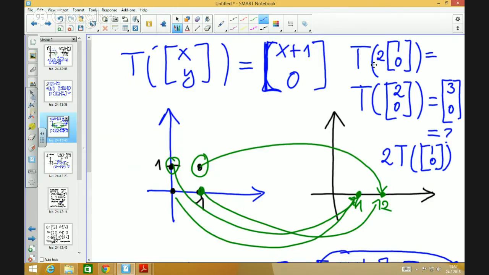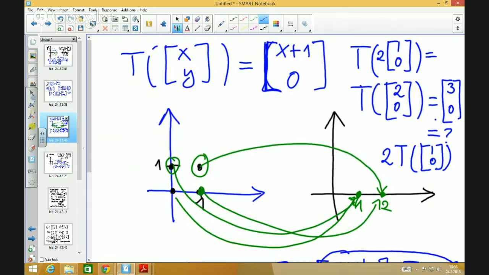Is 3 an odd number or an even number? I think last time we looked at it, 3 was odd, and it hasn't changed since then. But if I have 2 times something, I'm going to get a vector whose components are all even. So that's not true.